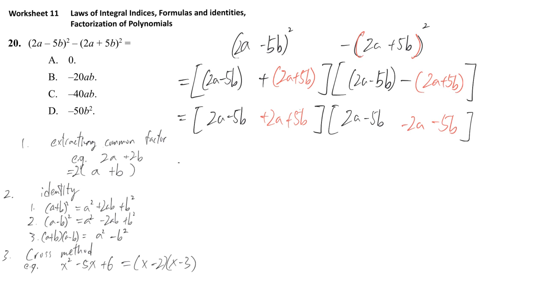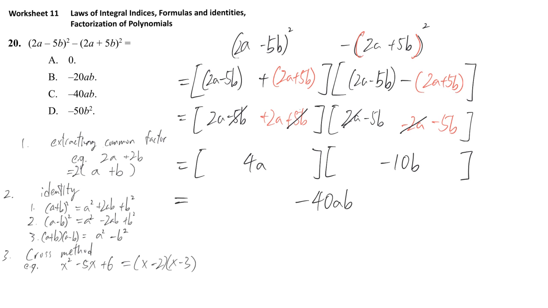And then we simplify the brackets one by one. In the first bracket, negative 5b and plus 5b cancel out, and only 4a is left. In the second bracket, 2a minus 2a gives you 0, minus 5b and then minus 5b, we got negative 10b. So if we multiply, the answer is negative 40ab. We got the answer.